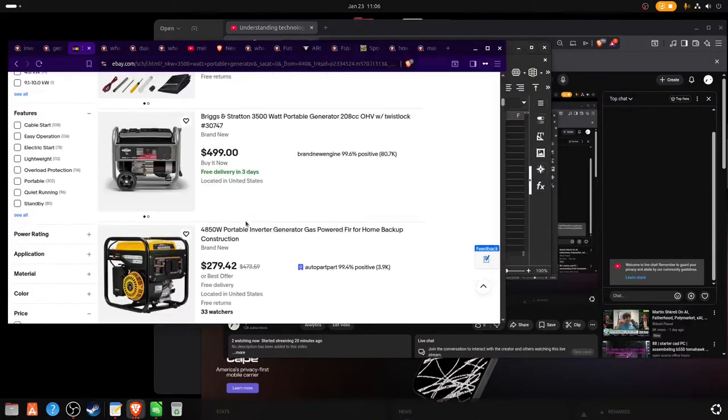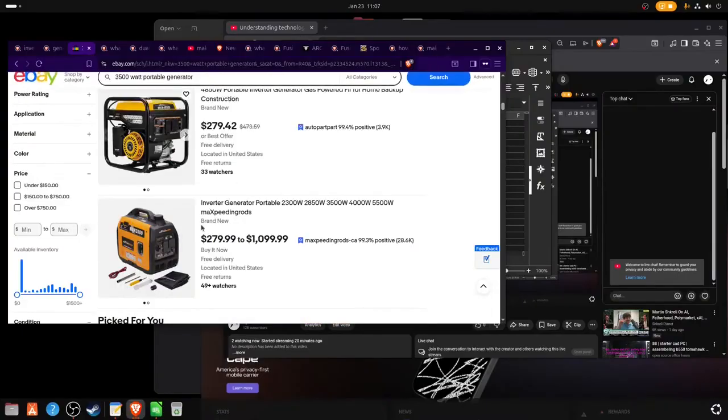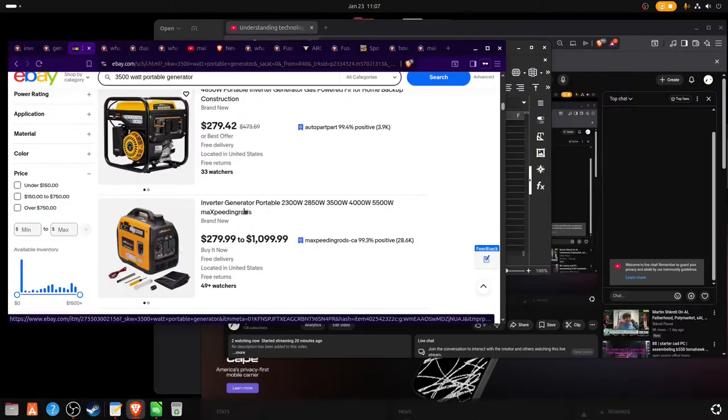Briggs and Stratton, that actually sounds kind of familiar. But it looks like several hundred dollars is what it costs for one of these things. This to me just looks like an inverter, portable generator. Like that, this is a fuel cap. I'm just very confused about these two design differences. Maybe this one is just exposed, but it doesn't really make sense to me.